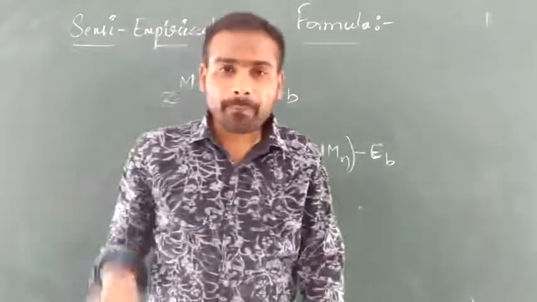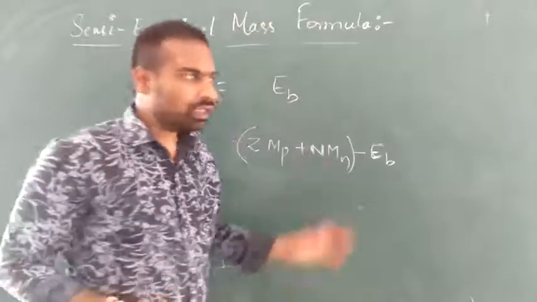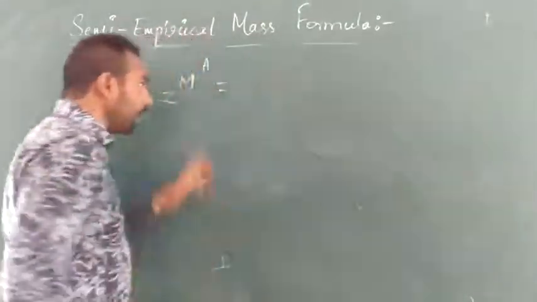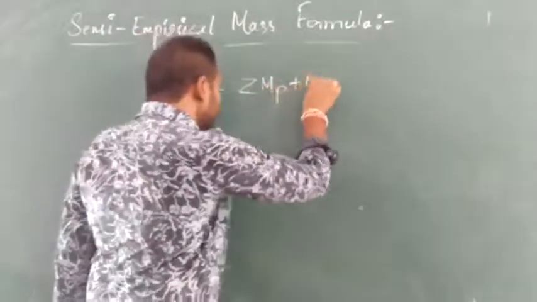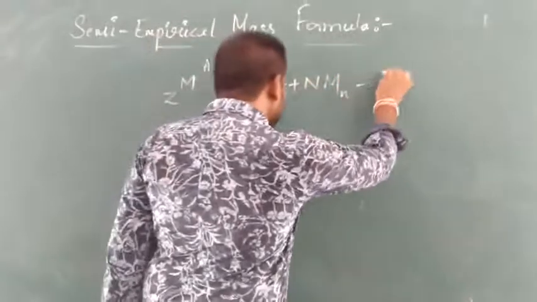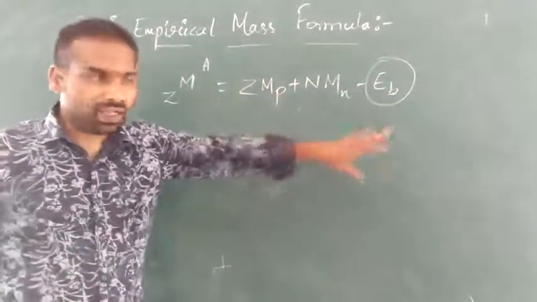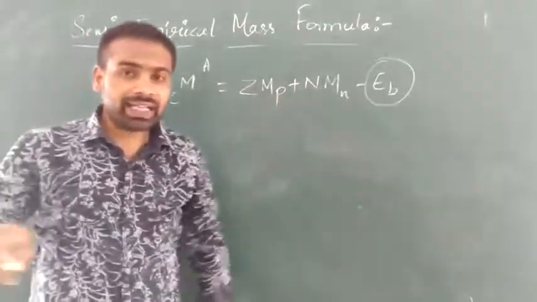The mass of the nucleus is given by ZMP plus NMN minus EB, equation 1. We know the other values, but we have to calculate EB, the binding energy correction term.